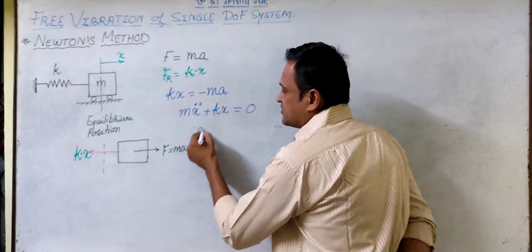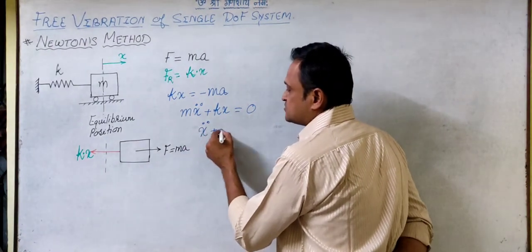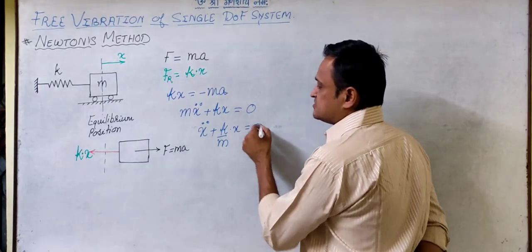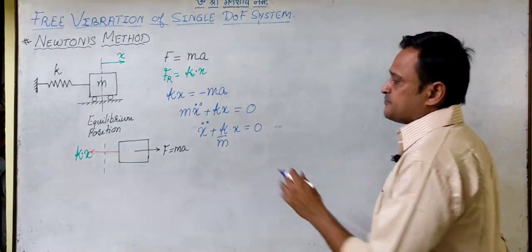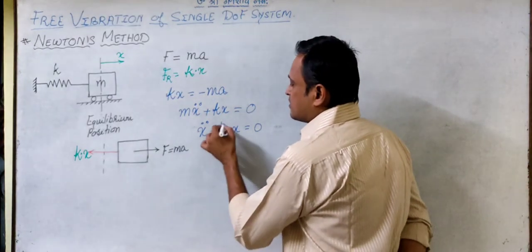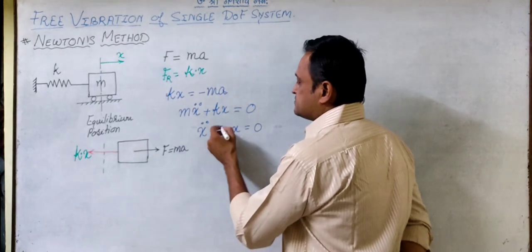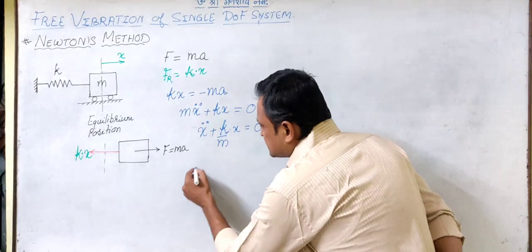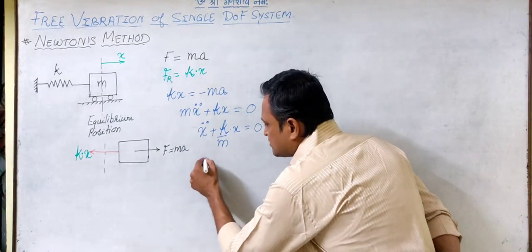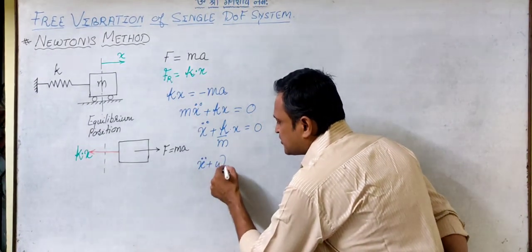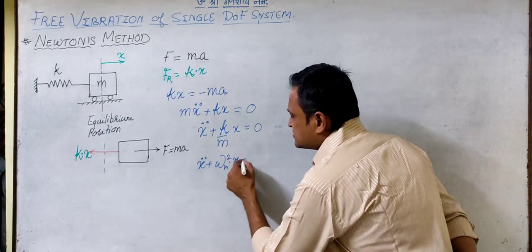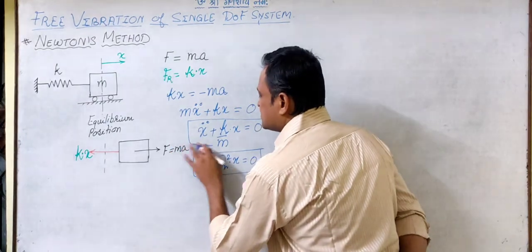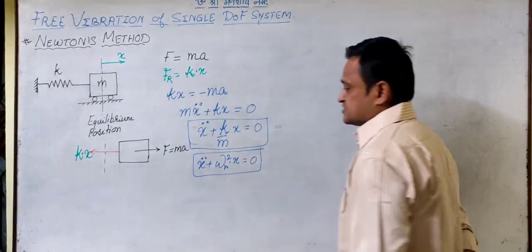Or I can put this equation in the form x double dot plus k by m into x is equal to 0, and then I can compare this equation with the equation in the form x double dot plus omega n square x is equal to 0. So I am getting this equation as this.